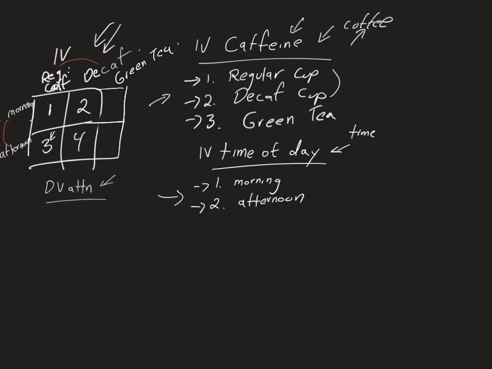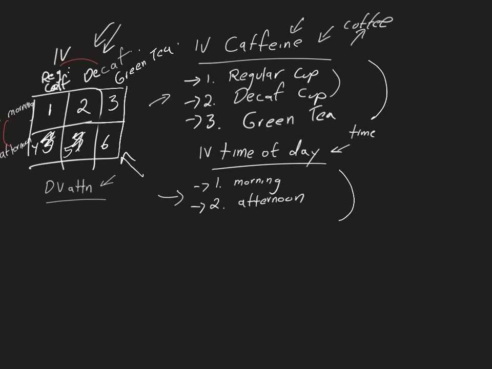Now in terms of conditions, how many do we have, right? So now you have to see how this actually changed these conditions. Now you have 1, 2, 3, 4, 5, 6 conditions. So you have an example where caffeine has 3 levels, time of day has 2 levels.